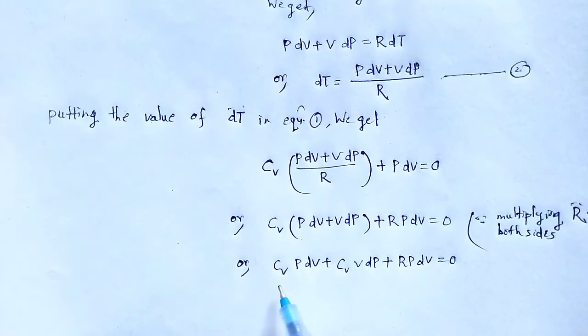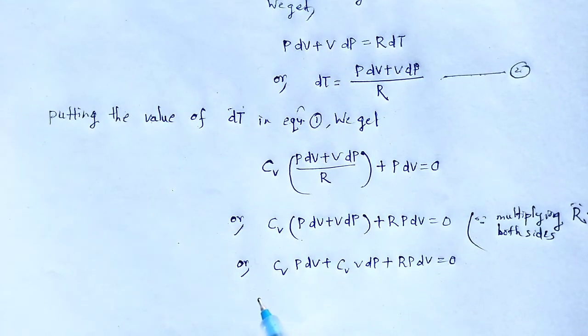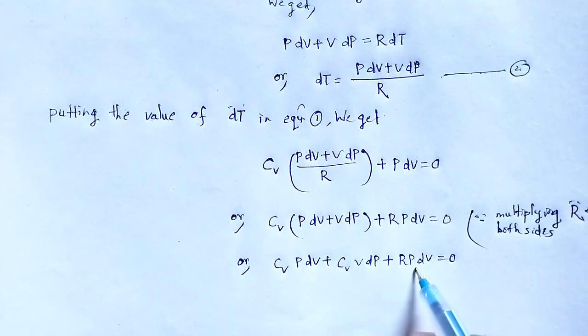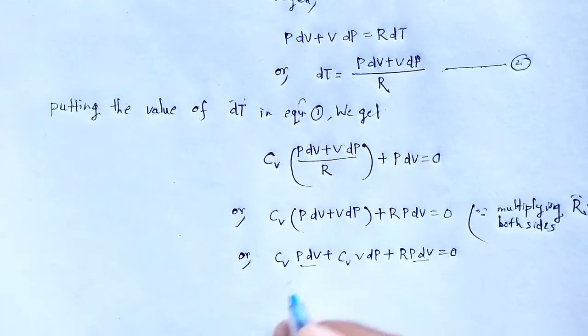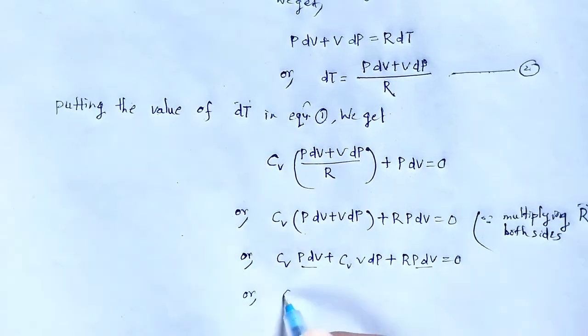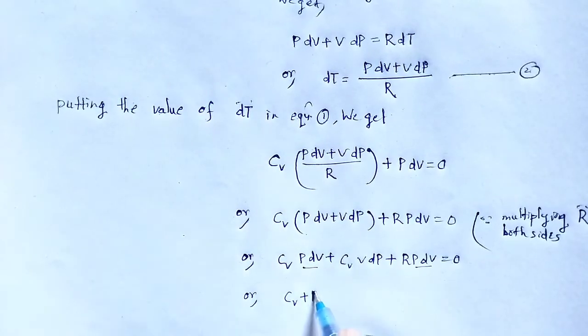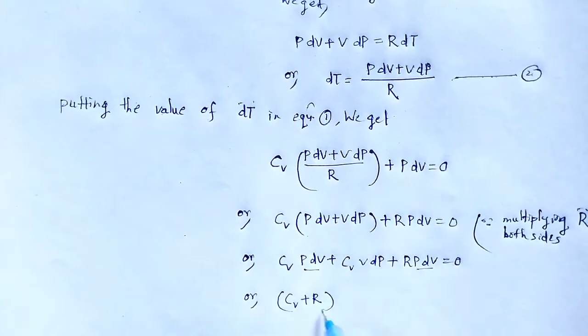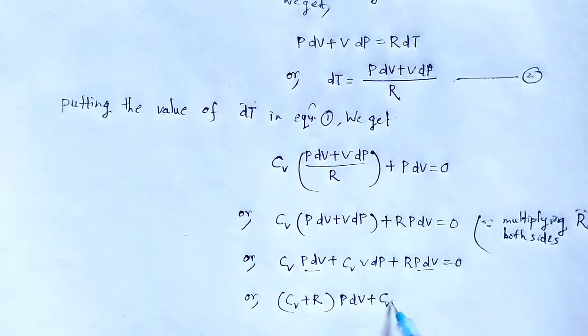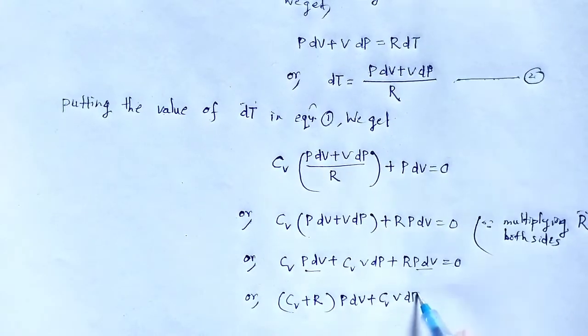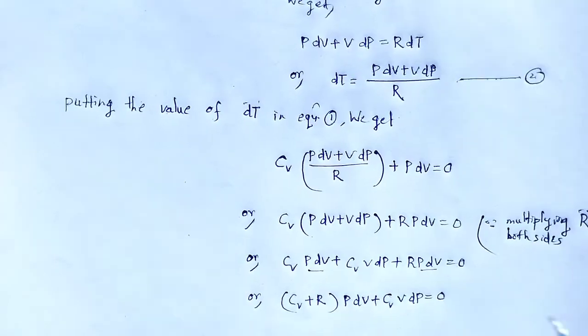Taking P dV as common from these two terms, so (Cv plus R) P dV plus Cv V dP is equal to 0.